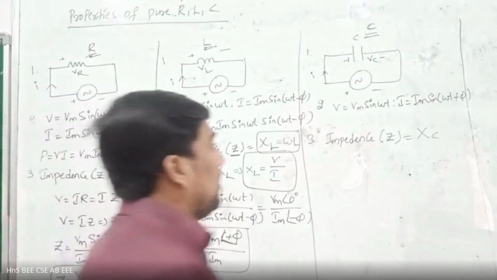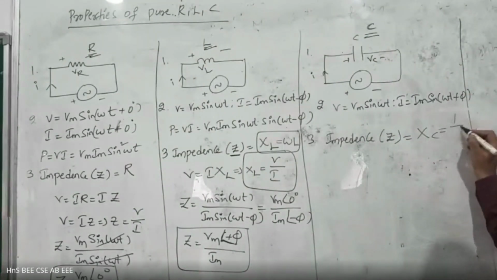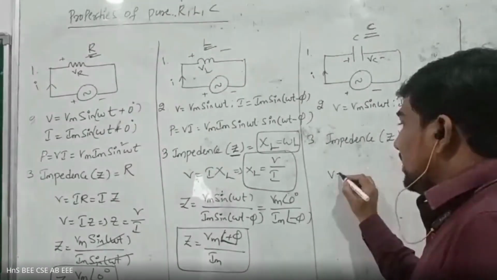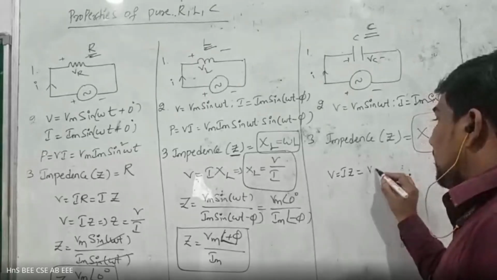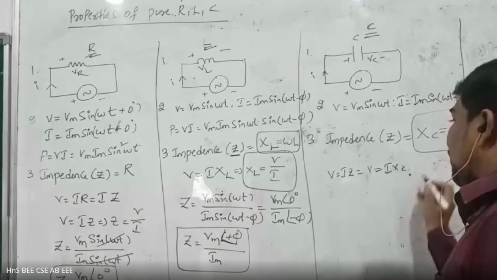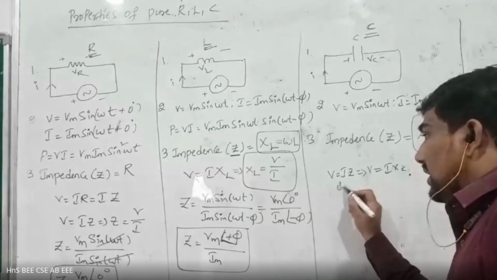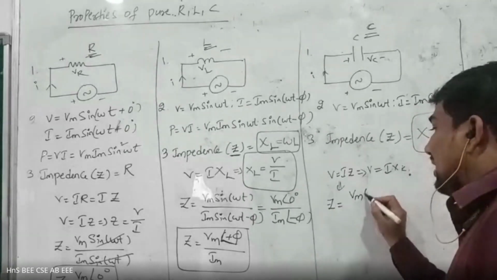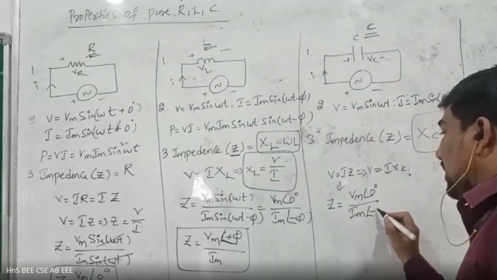Okay. Now coming to capacitive reactance. Substitute that value, V equal to I into Z. Z is nothing but I into XC. Now from this, Z equal to Vm angle of 0 by Im angle of plus pi.